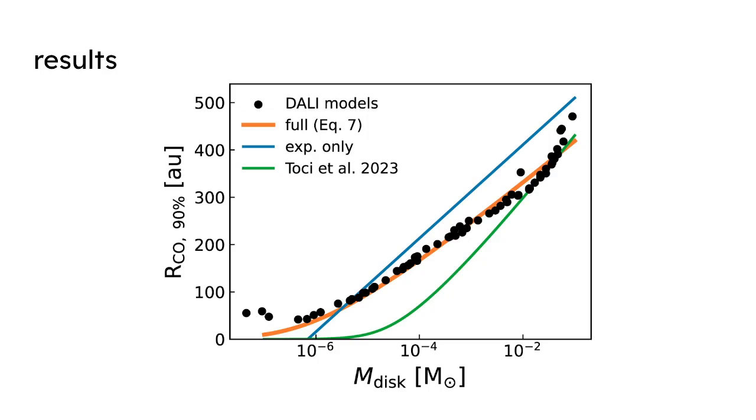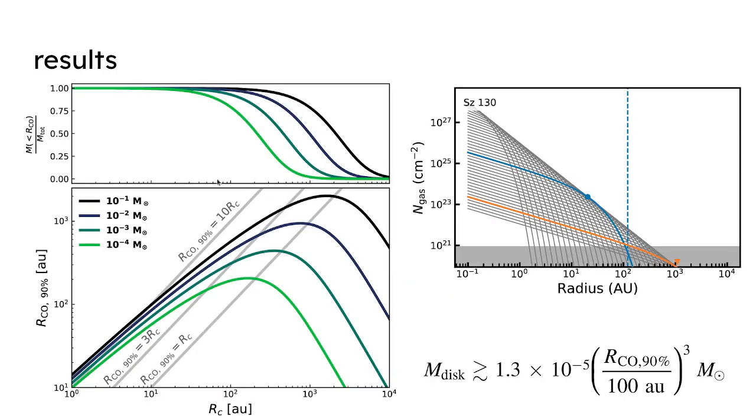Anyway, further on, they plot the dependence of R90 on RC, basically this analytic formula that we found, for different values of disk mass. And what they find is two things. First is that for a given mass, you have a maximum value of R90.